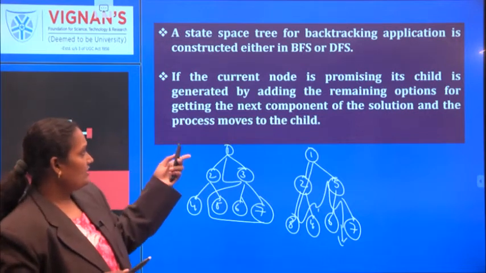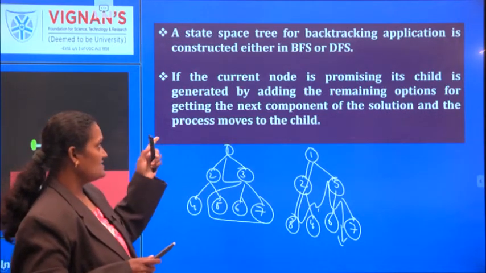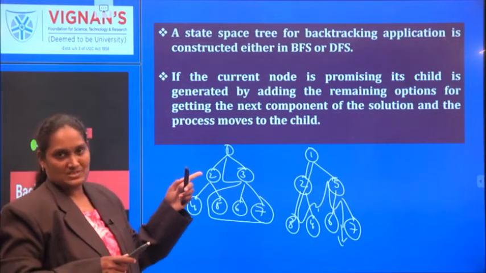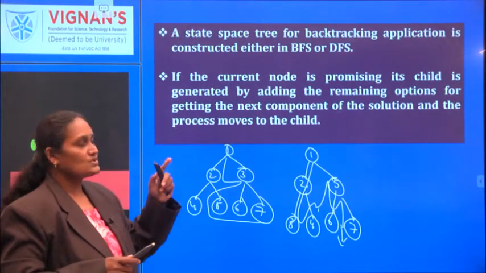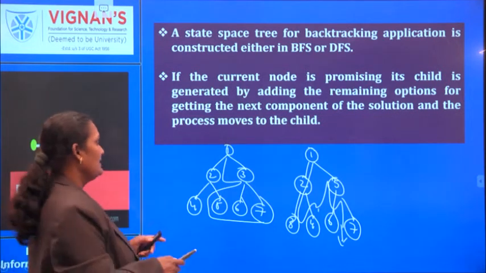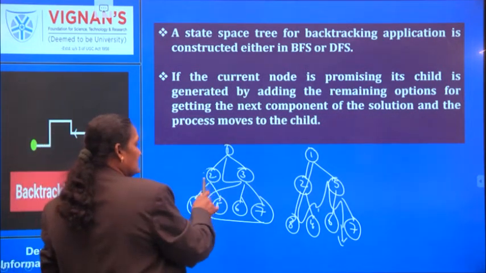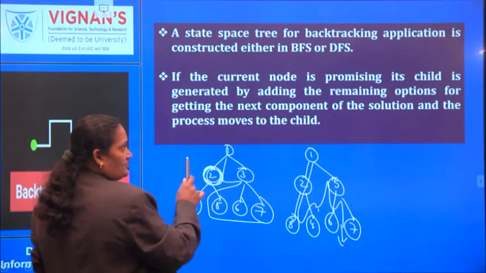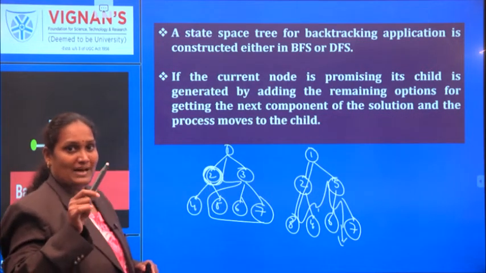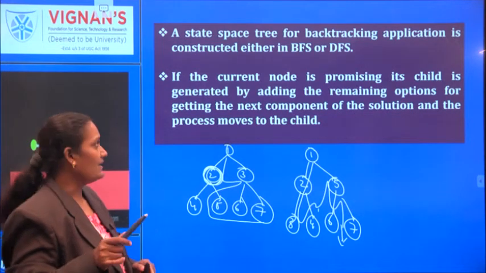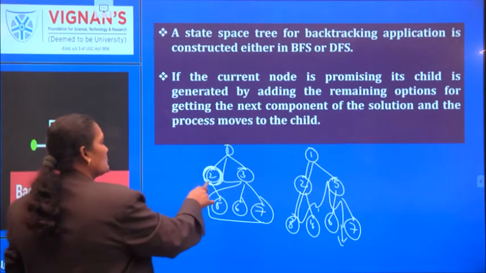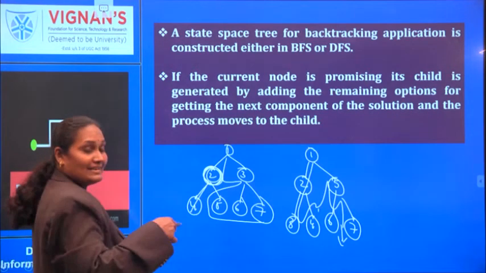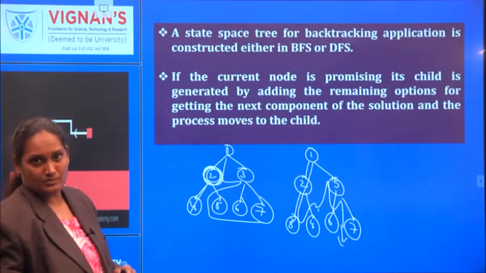Now, if the current node is promising, its child is generated by adding the remaining options for getting the next component of the solution, and the process moves to the child. That is, if I found that this node is promising, that is, it gives a partial solution, then its child is generated by adding the remaining options of the input.